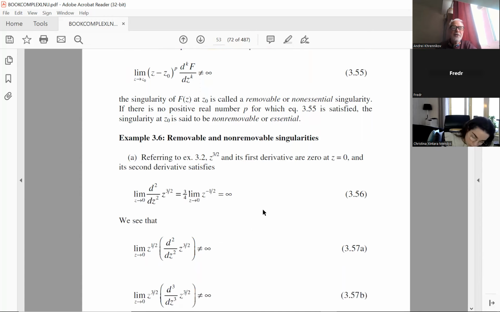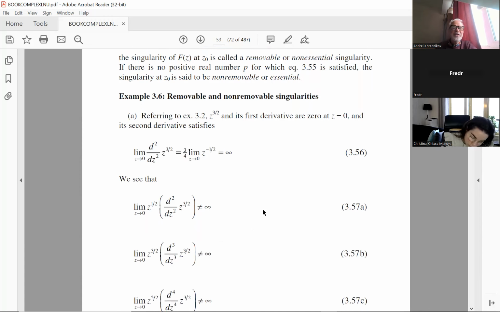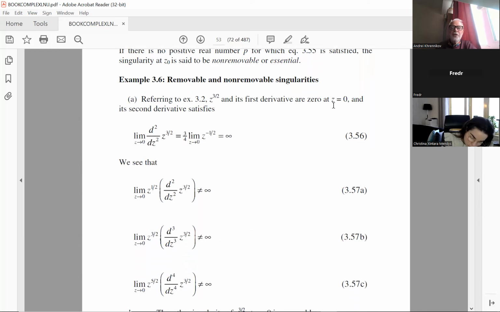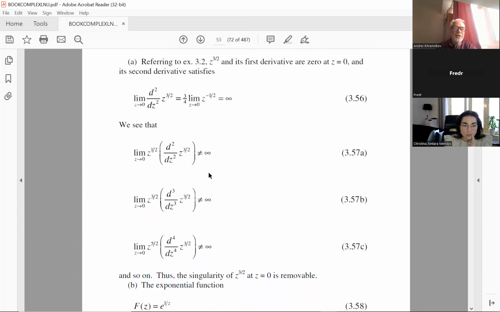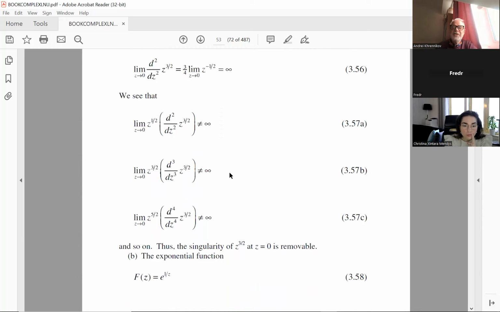So we go to our previous example, z to the degree 3/2. The first derivative is finite at 0, and the second derivative, as we discussed, is a square root in the denominator, and it is infinity. But if you multiply this by z^(1/2) and consider the limit to 0, it is not infinity. So the singularity is removable. Now comes the question, which we will see later.